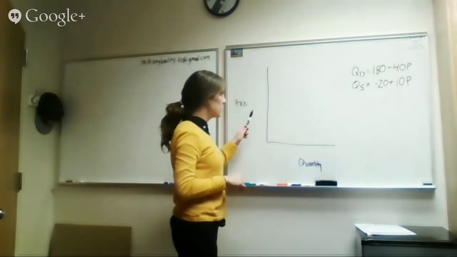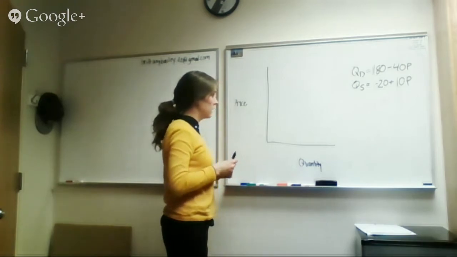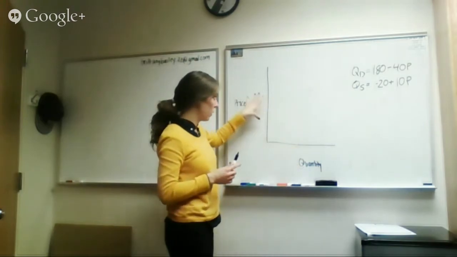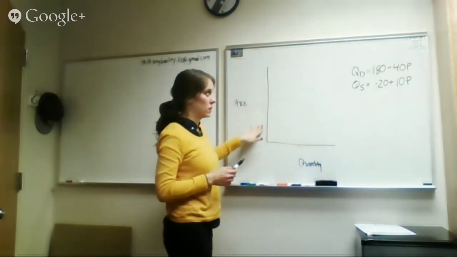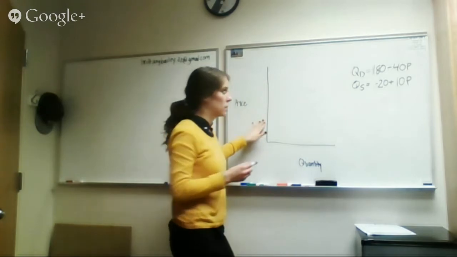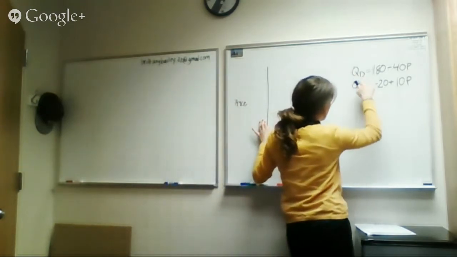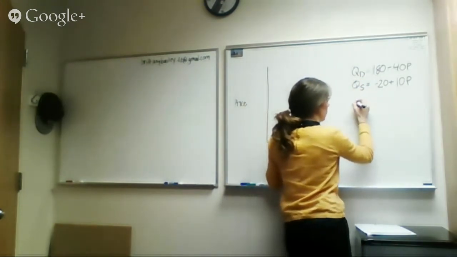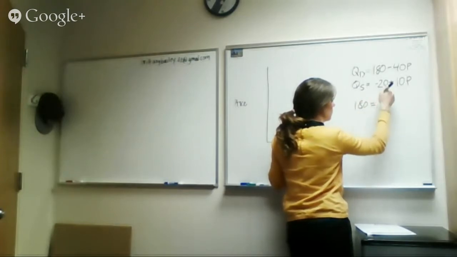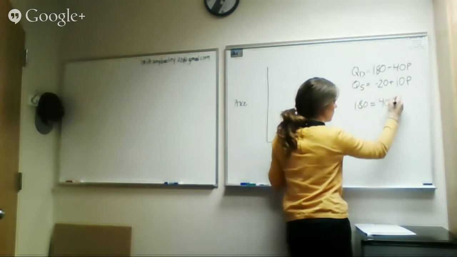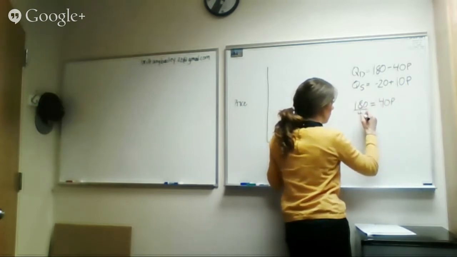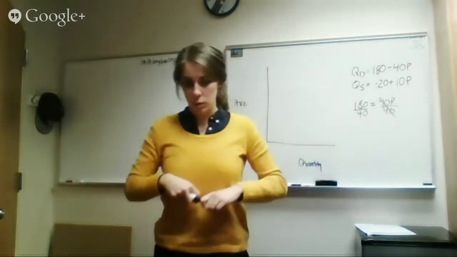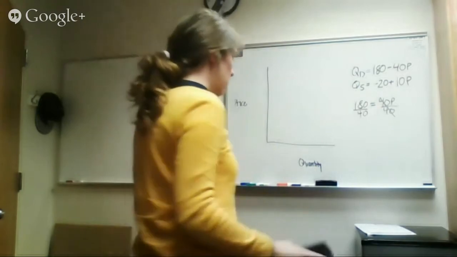Okay, so I'm going to set Q equal to 0 so that I can figure out where the price intersection point is going to be on this y-axis. So when Q equals 0 for quantity demanded, it's going to be 180 equals 40p. So P is going to equal 4.2.